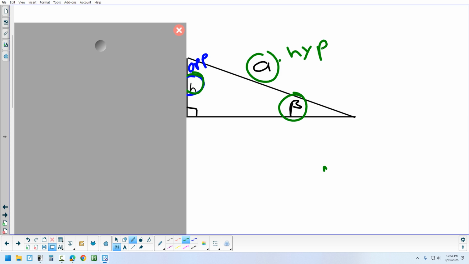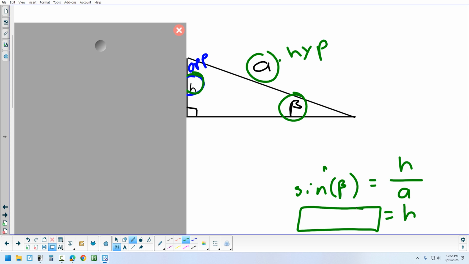Okay. What trig function has opposite and hypotenuse? Sine. Okay. This time it's going to be the sine of beta, this angle. And what goes in the top and the bottom? H over A. Now, just like I did before, I want to get a formula for the height.